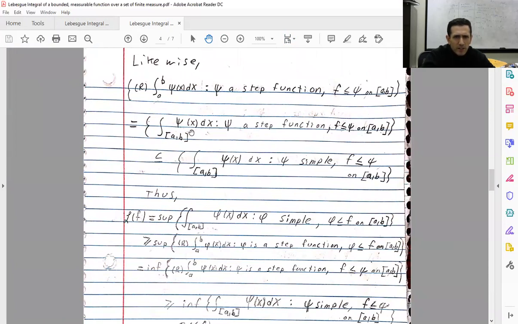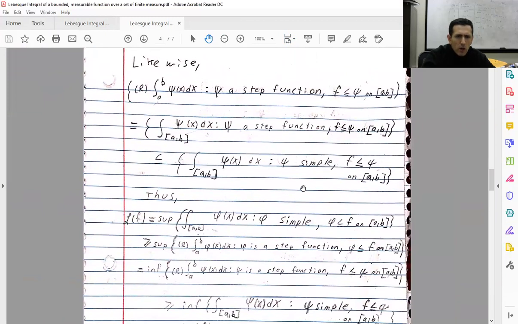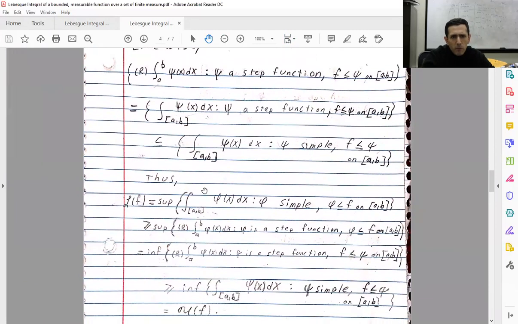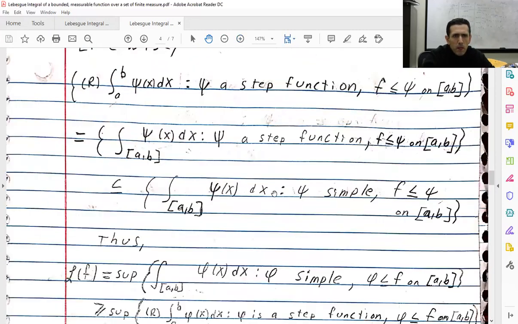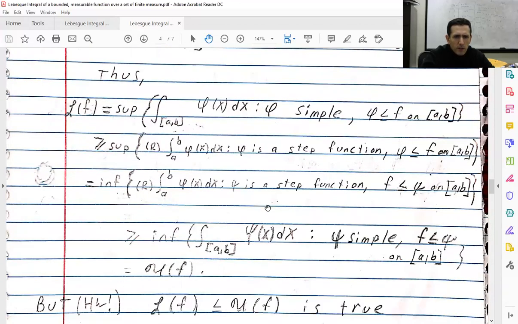This set here is exactly what this is. Okay. So the infimum of the smaller set is bigger or equal to the infimum of the larger set. And this is the upper Lebesgue integral. Okay. So that proves Lebesgue integrability.